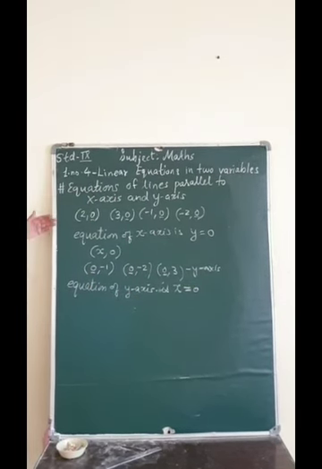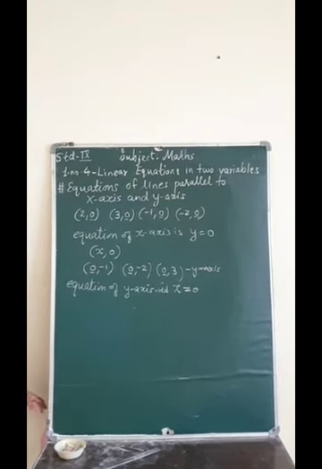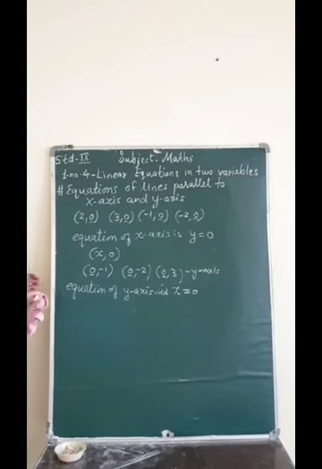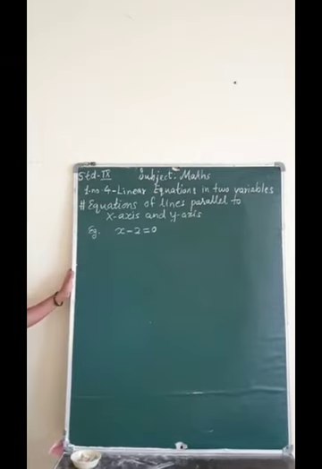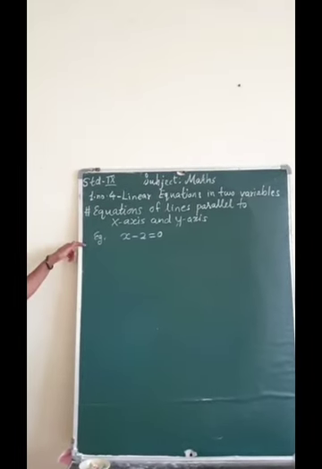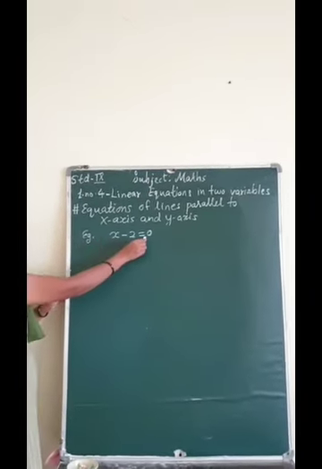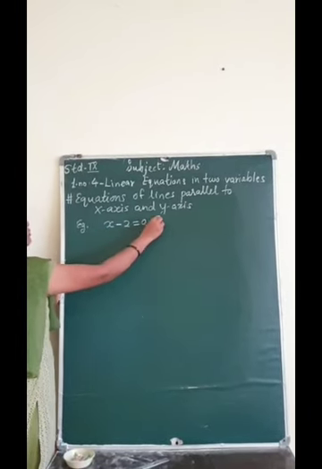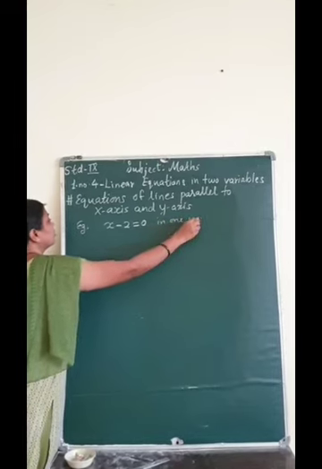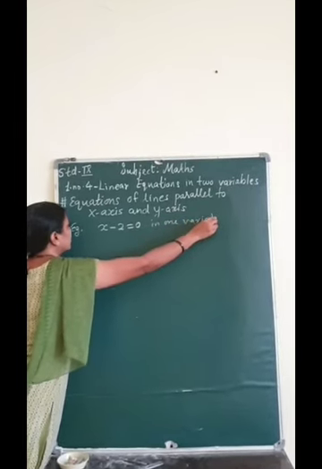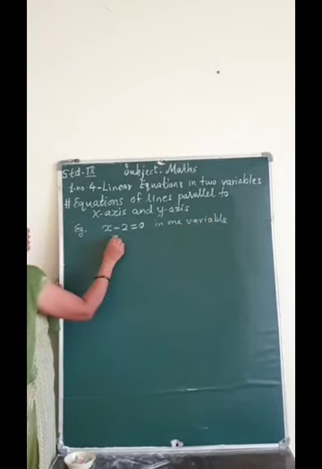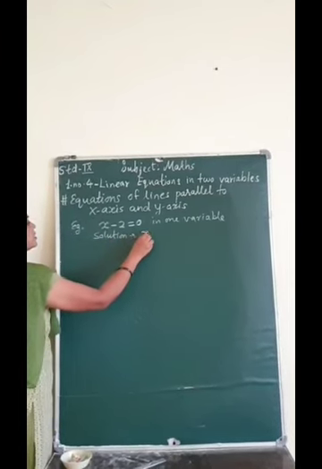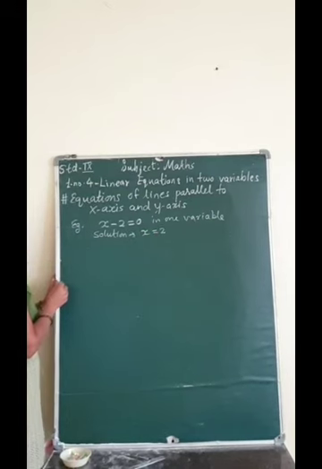Now let's see how we get the equations and how they are represented on the Cartesian plane. Let's take this equation, x minus 2 is equal to 0. If this equation is taken as an equation in one variable, then we get the solution x is equal to 2.